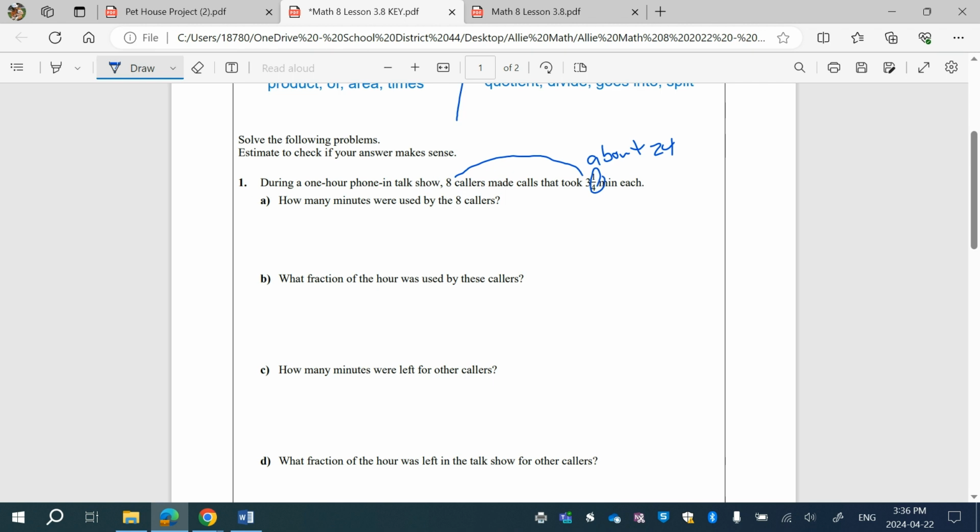We need to find 8 times 3 and 1/4. Let's make this into 8/1, and let's make this into an improper fraction. So 4 times 3 is 12, plus 1 is 13/4.